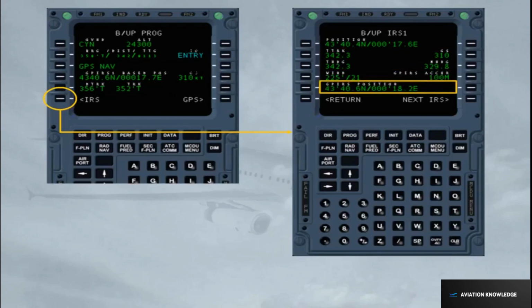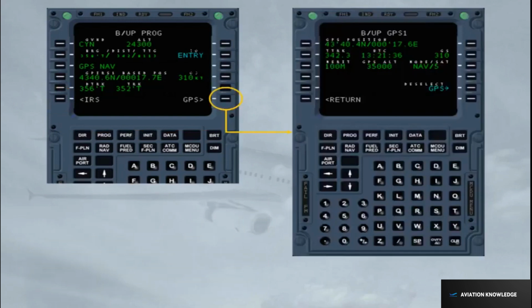Notice that the GPIRS fields will be dashed if the GPS information is not available and blanked if a GPS is not fitted. Line 6 allows to go back to backup progress or to toggle between the on-side backup IRS and backup IRS 3. MCDU1 gives access to backup IRS 1 and backup IRS 3, whereas MCDU2 gives access to backup IRS 2 and backup IRS 3.